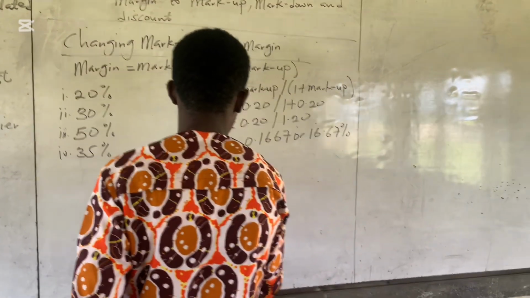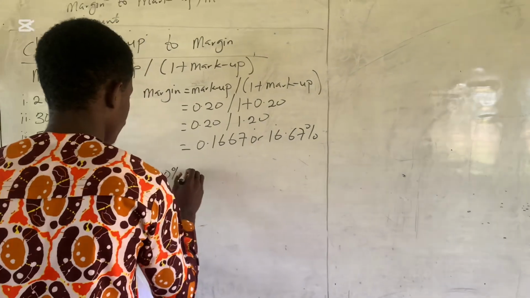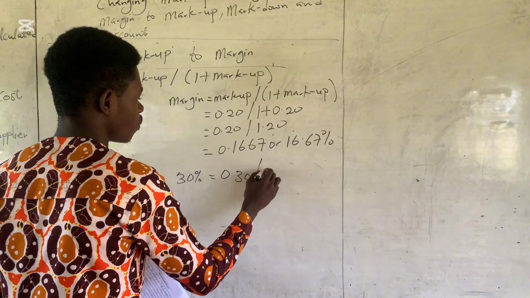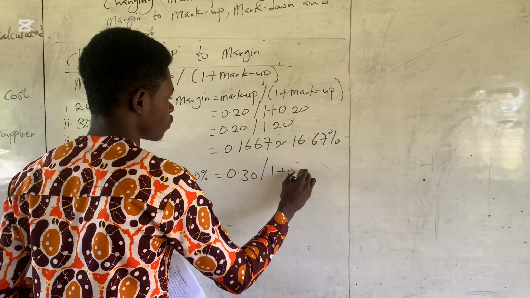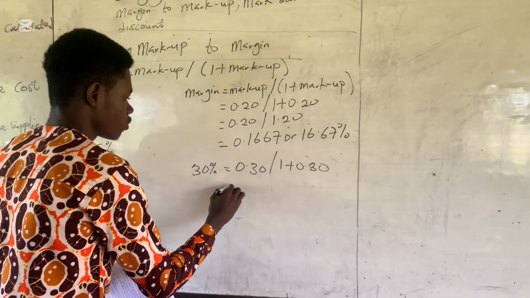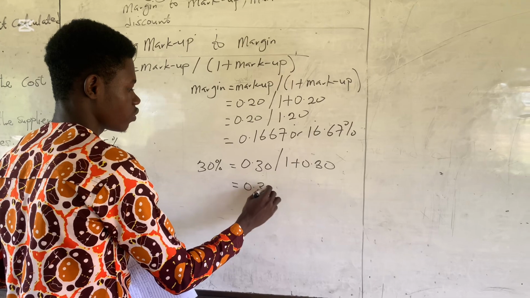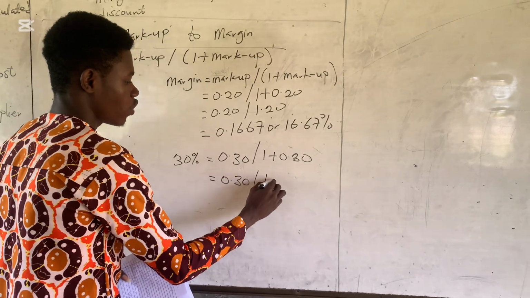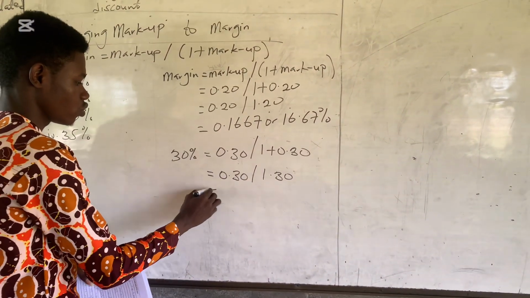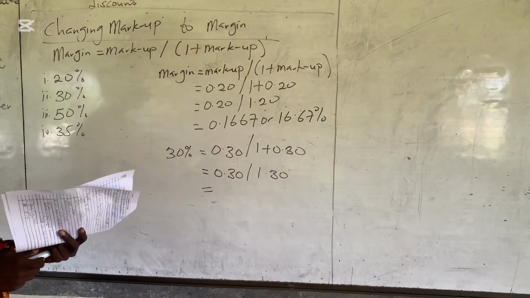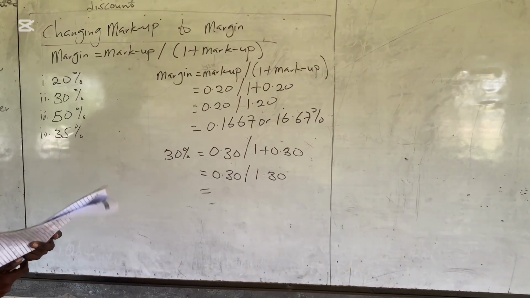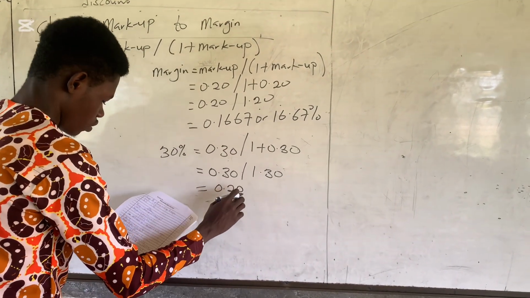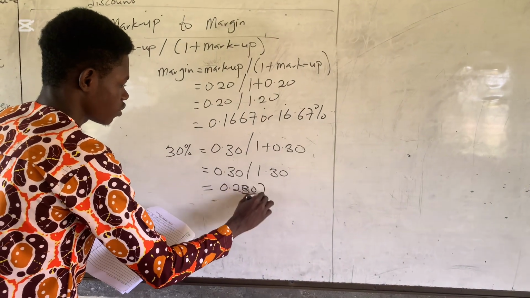Now let's do the 30. So 0.30 over 1 plus 0.30, which is 1.30. So you divide 0.30 by 1.30 and you get 0.2307.